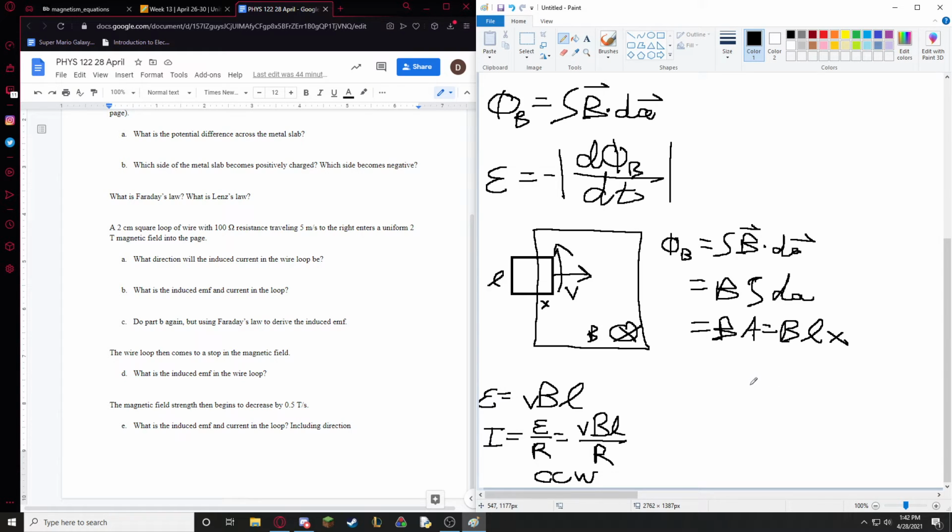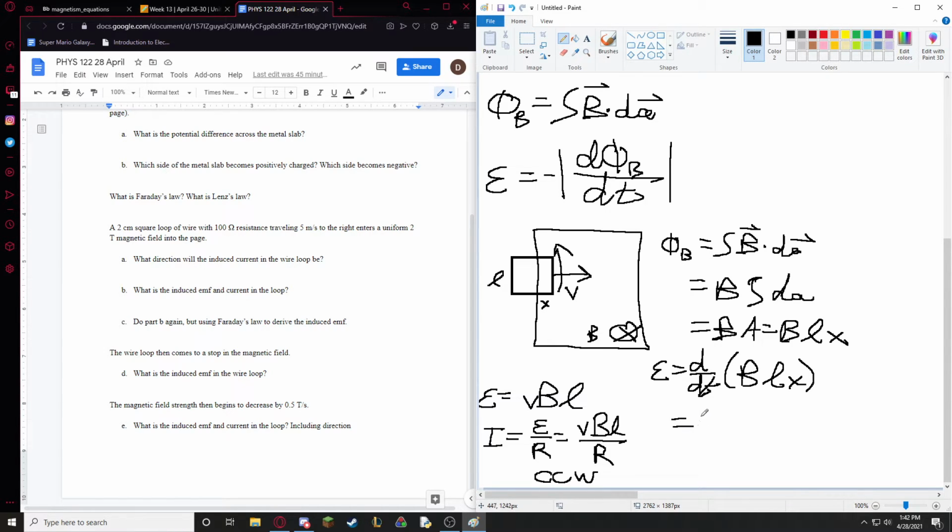That'd be the second equation we have up there. Exactly. It's our change in flux over change in time. So epsilon is equal to d/dt of BLX. Is the magnitude of our magnetic field changing over time?